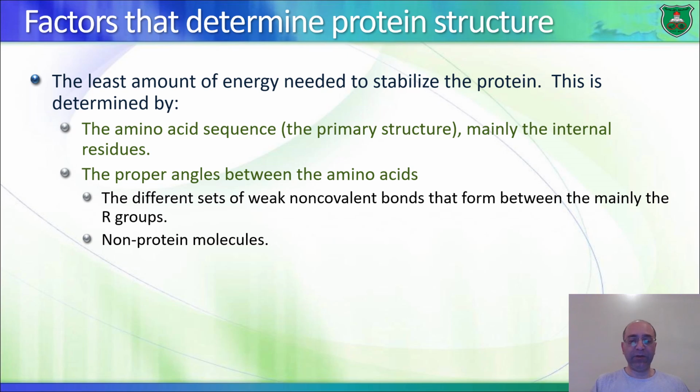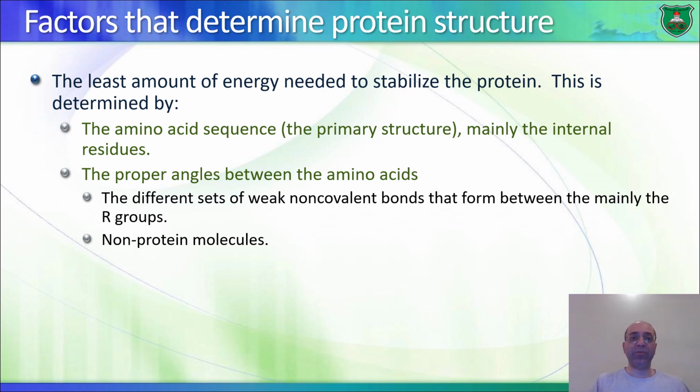Proteins use the least amount of energy needed to keep a protein stable. So there are really not a gazillion possibilities, but very little probability of forming a certain protein structure. What really determines protein structure is, again, the least amount of energy. And this is dependent on the amino acid sequence.